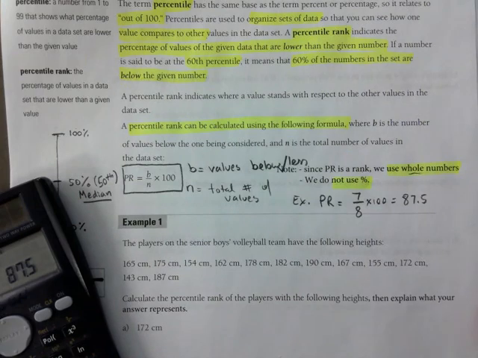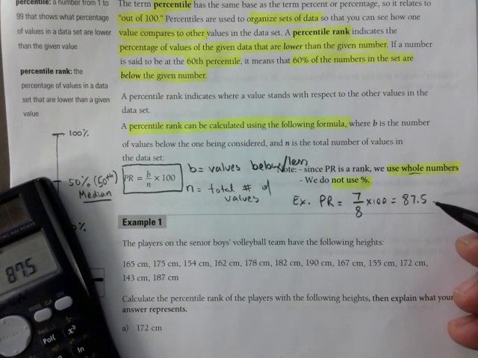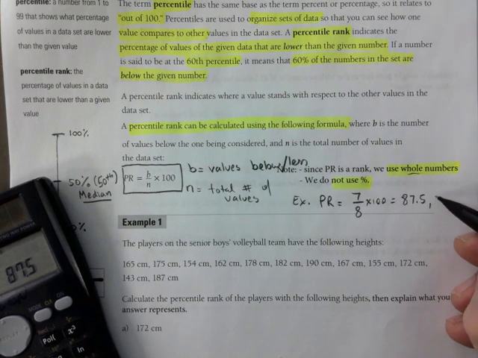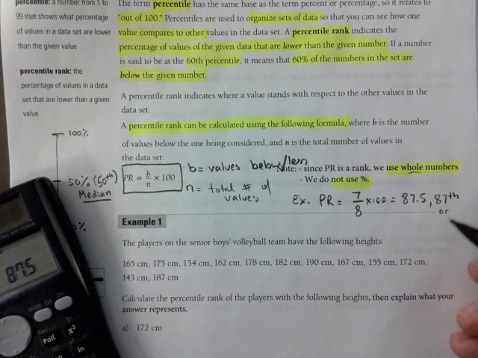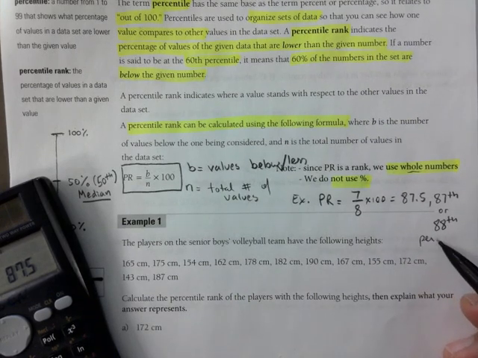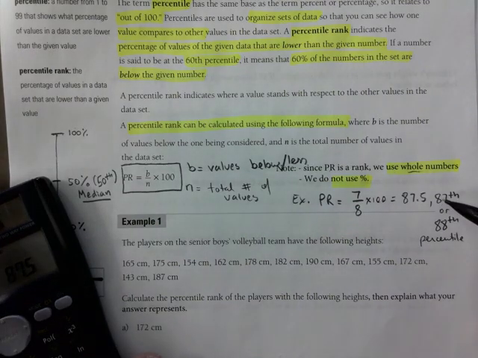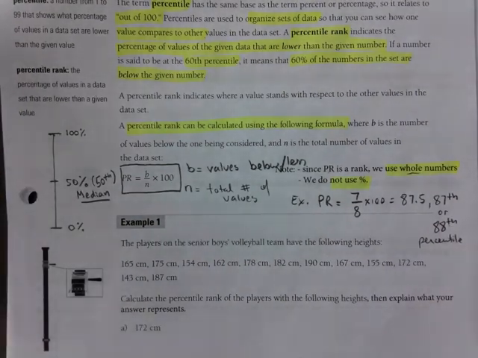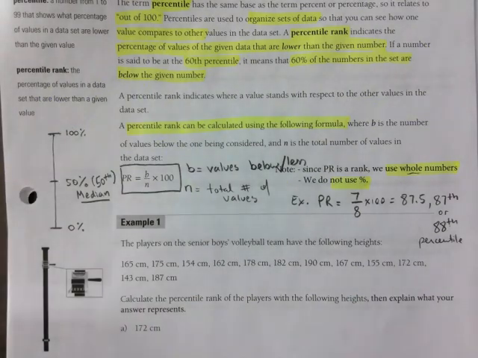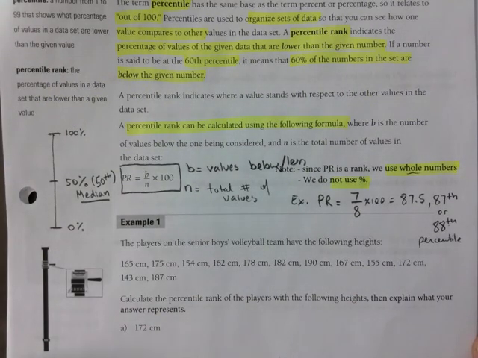And the truth is you can decide what you want to do, round up or down. We will accept both. So you would have to say 87 or 88th percentile. Okay, do not put percentage, do not put decimals. It's going to be stated like this. And I'll do enough examples that you'll catch on really quickly.